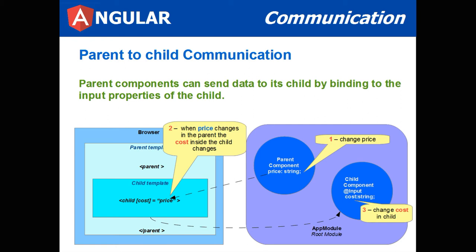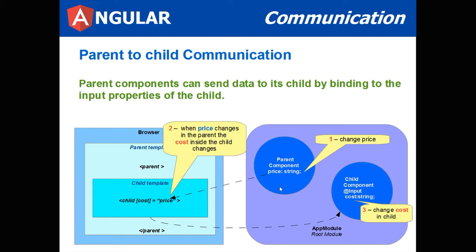And then you could also have a child component, which has a corresponding child template. The child component is a child of the parent because the template is a child of the parent template.